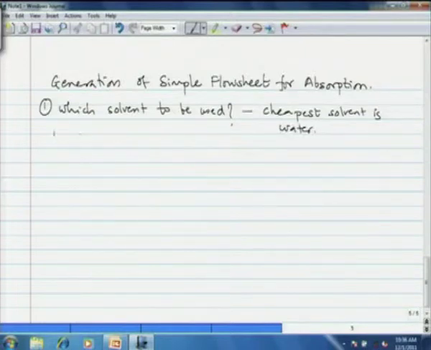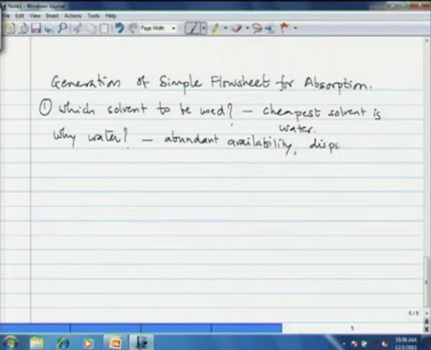Why water? Apart from the cost, it is abundantly available, and we can easily dispose it off after treatment. That may not be the case with organic solvents. Okay.